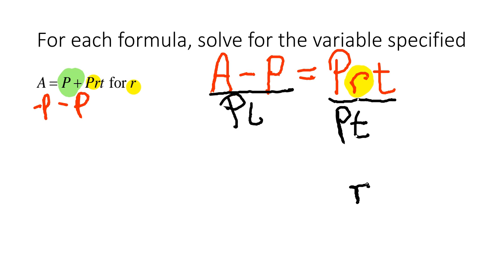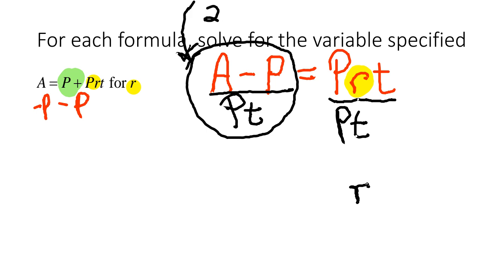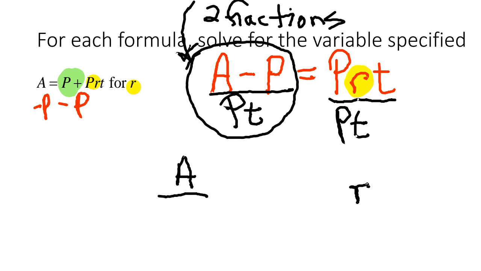Now, this that I'm circling is a good answer. But remember, this is 2 fractions. And sometimes Pearson wants the fractions reduced, which means I would write A divided by capital P T minus, in the middle, P divided by P T.